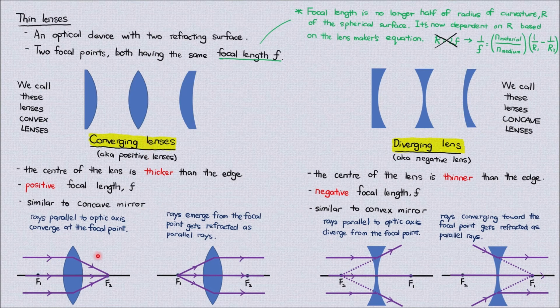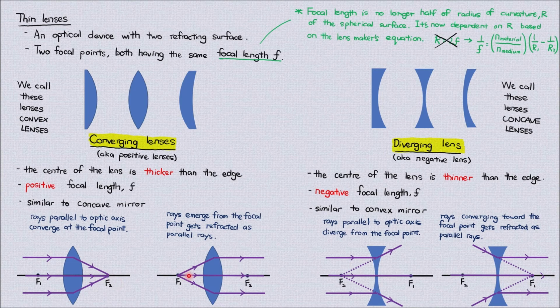Okay, so here are two general ways of how we usually represent a converging lens or convex lens. We see that if we have rays striking the lens parallel to the optic axis, those rays will be refracted towards a focal point over here.